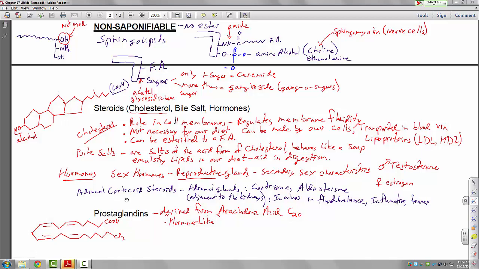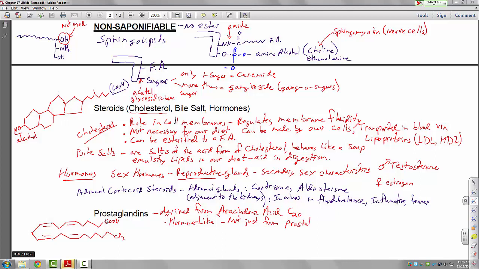They come from a specific gland or tissue type. Prostaglandins, although the name suggests that they were from the prostate gland, and that's where they're originally from, turns out they're not just from the prostate. They are found in most tissues.